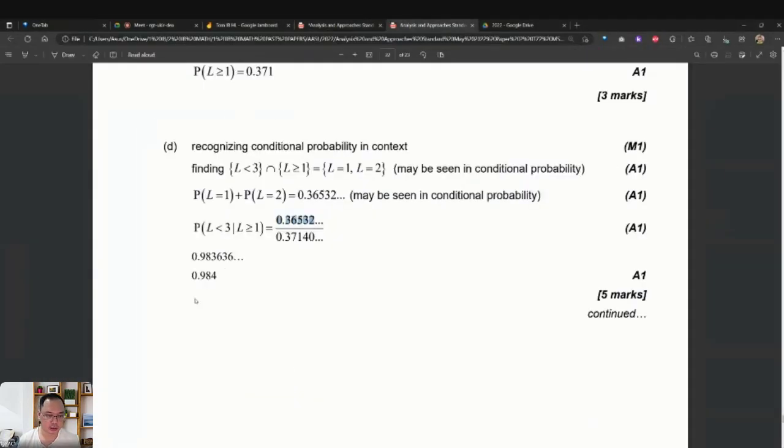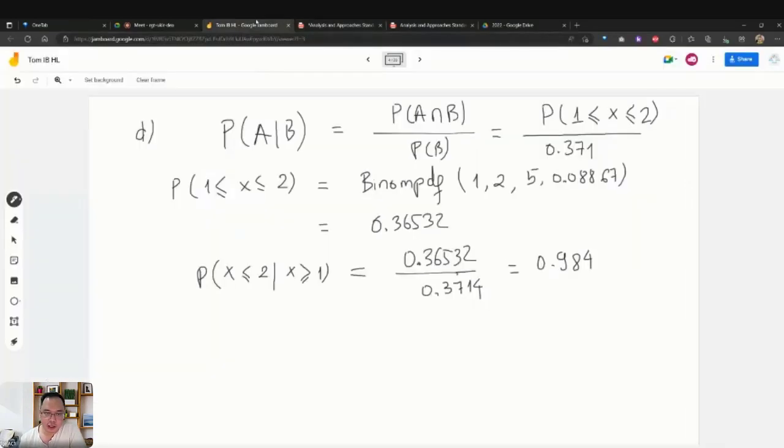So they are a wide range. It means that it is very likely for her to be late less than 3 days, meaning it is very likely for her to be late 1 day or 2 days.